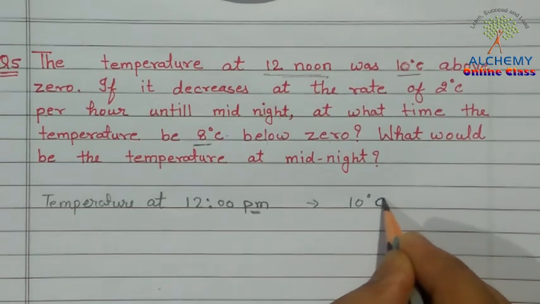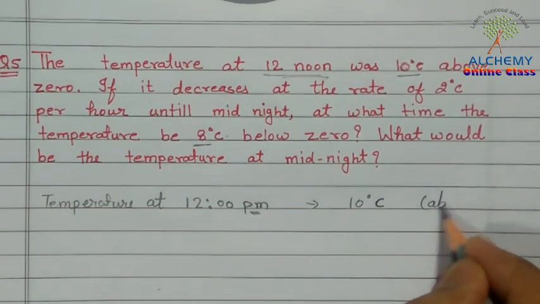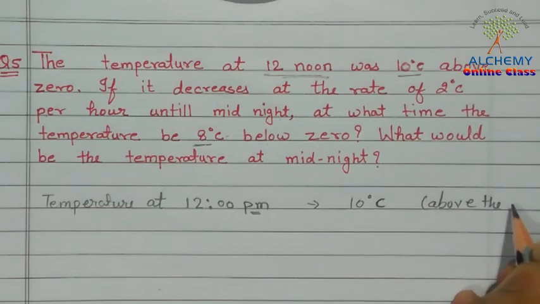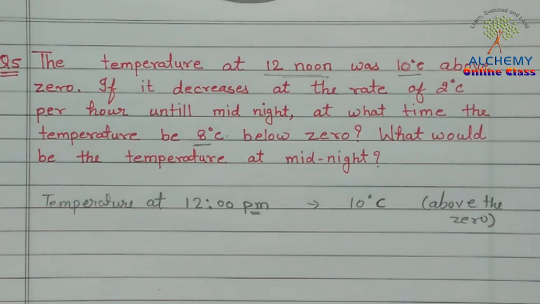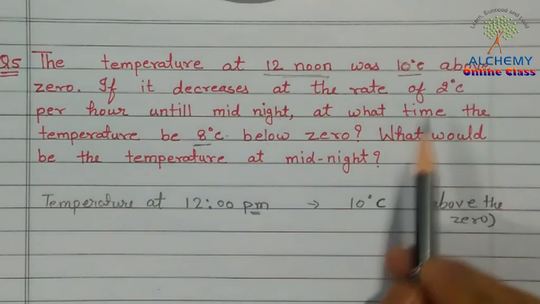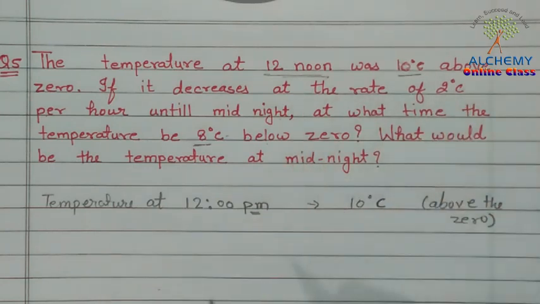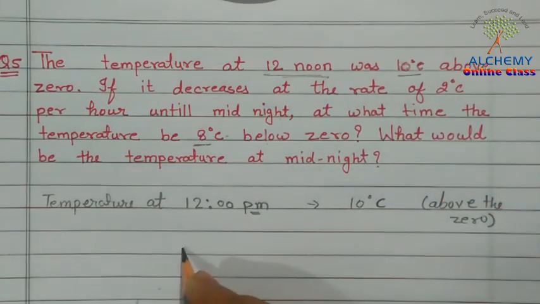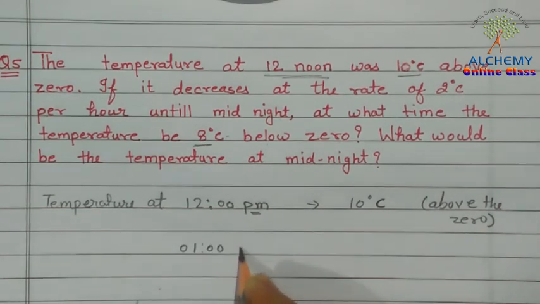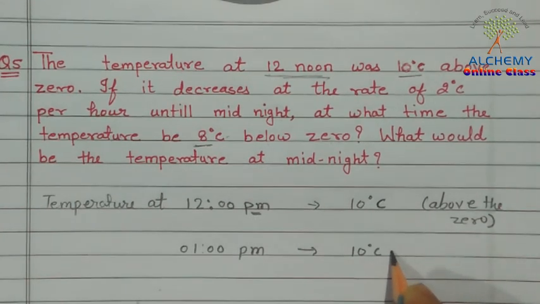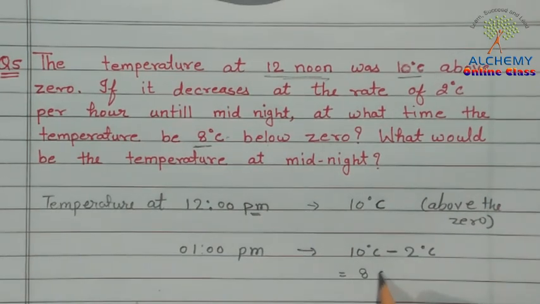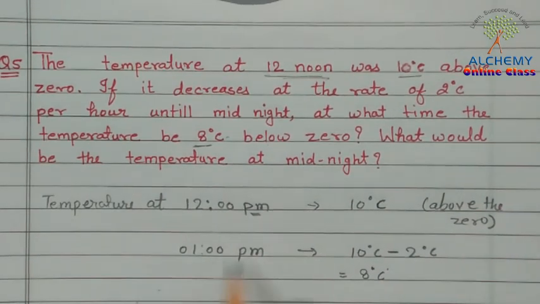It means it was 10 degrees Celsius and it is showing above the 0. And it is given in the question the temperature is decreasing 2 degrees Celsius per hour. So what will be the temperature after 1 hour? So at 1 p.m. the temperature will be 10 degrees Celsius minus 2 degrees Celsius. So this temperature will be 8 degrees Celsius at 1 p.m.